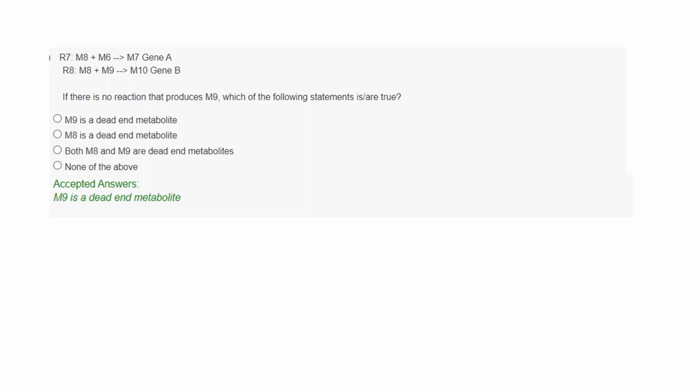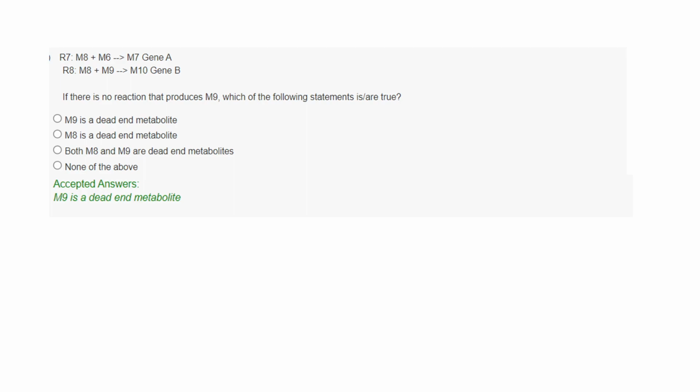Yeah, if you think of it like that, because there is no reaction here producing M8. M8 and M9 are both getting consumed and both not getting produced. So if you think of that as a closed system, both of them are dead end metabolites.